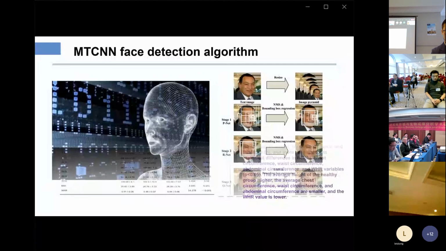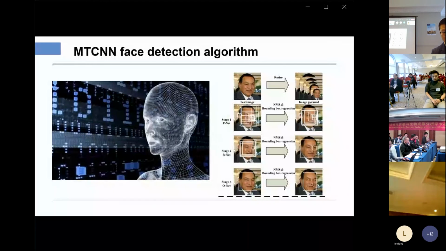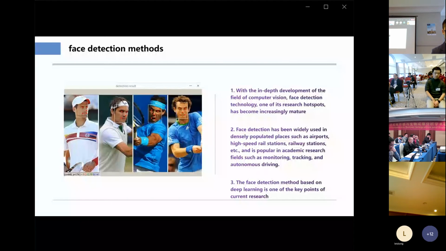Next, I will introduce the MTCNN face detection algorithm, which is used to define the color compartment. With the in-depth development of the field of computer vision, face detection technology has become increasingly mature.